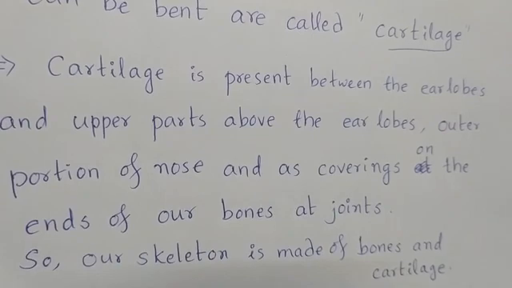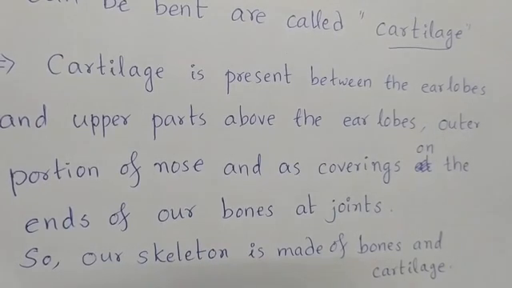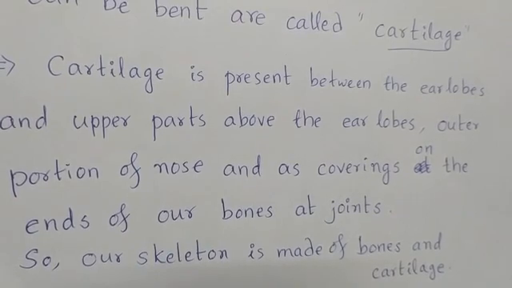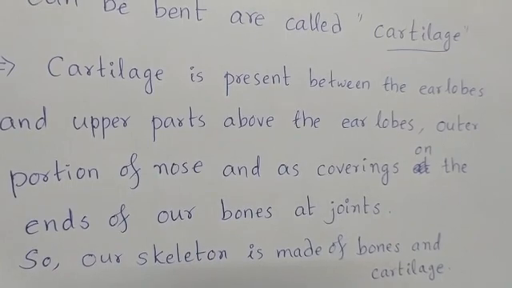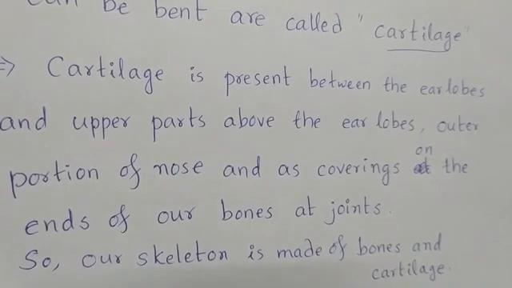Whereas at the earlobes and at the nose, cartilage provides strength as well as flexibility, because earlobes receive sound signals. Whenever we are listening, first the earlobes are receiving the signals, so they may get shaken. Without losing their structure, they should receive. For that they need some flexibility. So they need strength as well as flexibility. So cartilage is present there.